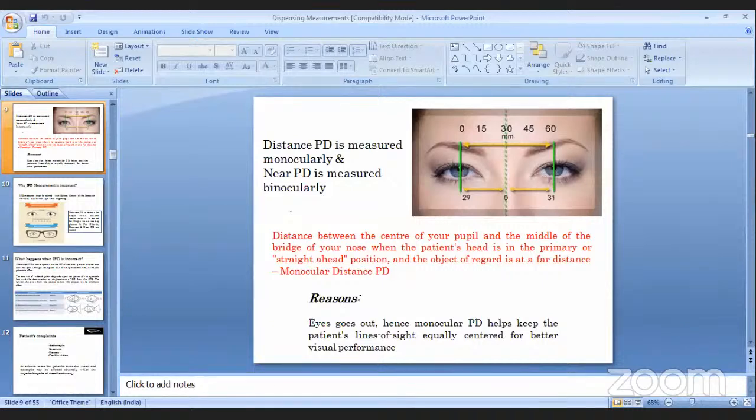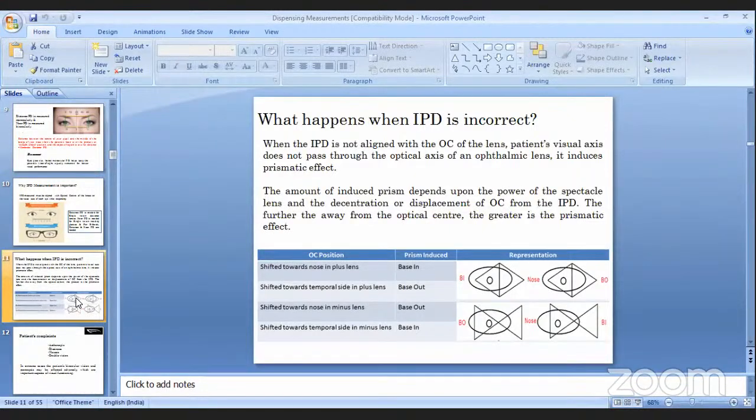Yeah, now moving. You can see what happens when the IPD is incorrect? Okay. So it was not moving from the beginning. Dr. Pavani called me. Sorry. It's okay. Should I start once again?